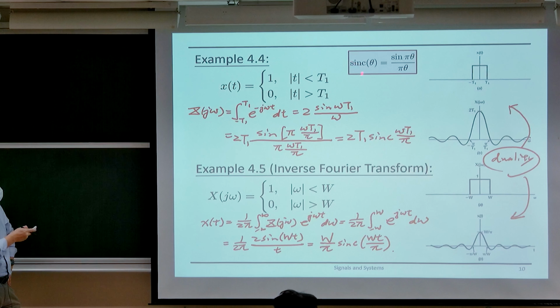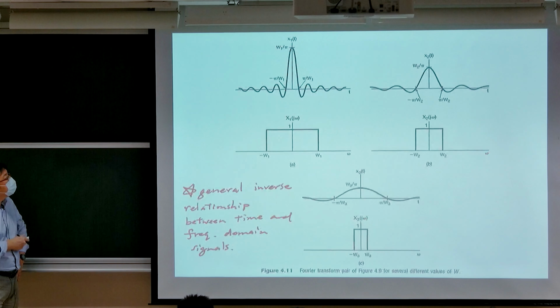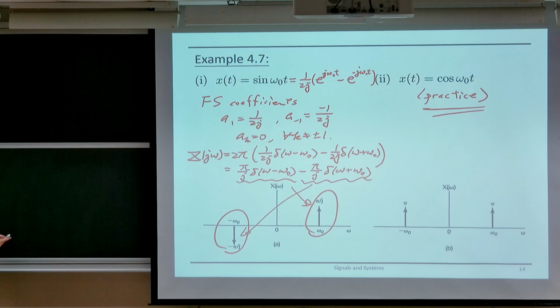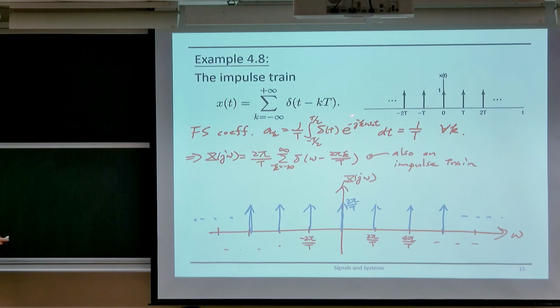You will see square waves, which lead to sinc functions after the transform. And you will also utilize the property that impulse trains have a transform that is also an impulse train. So all of these derivations, although straightforward, are examples that you will see repeatedly, and hopefully you can have some insight on these examples.